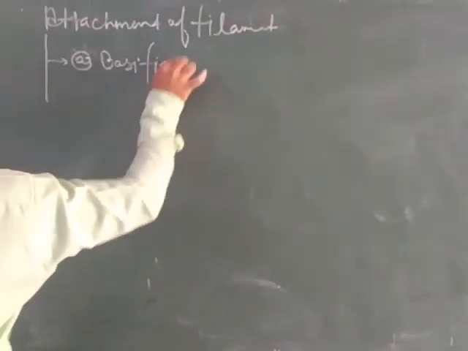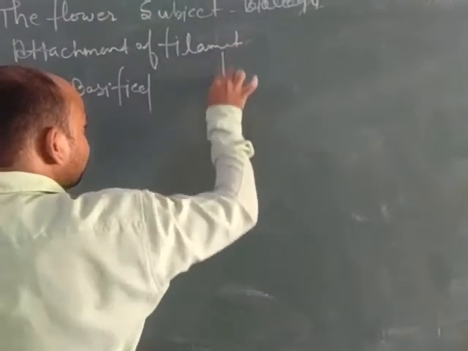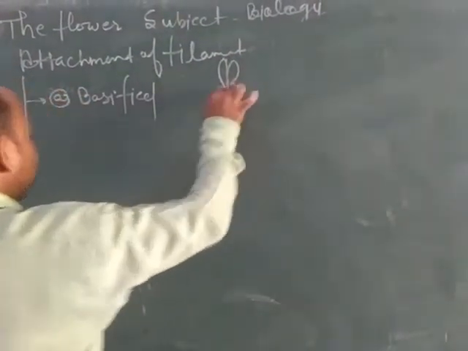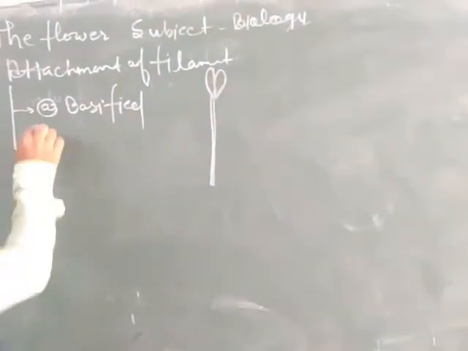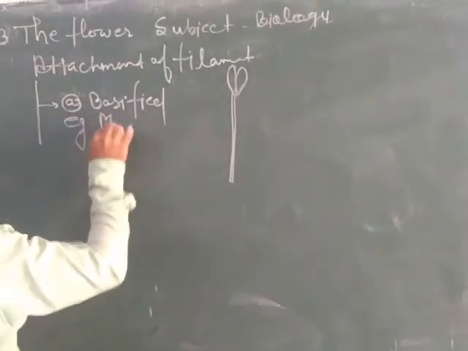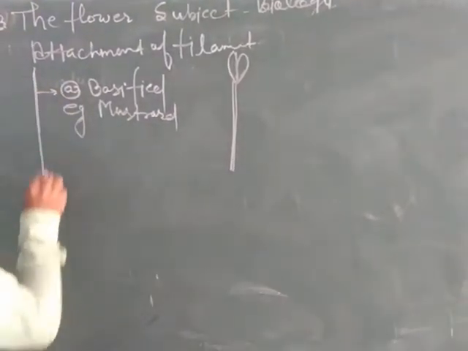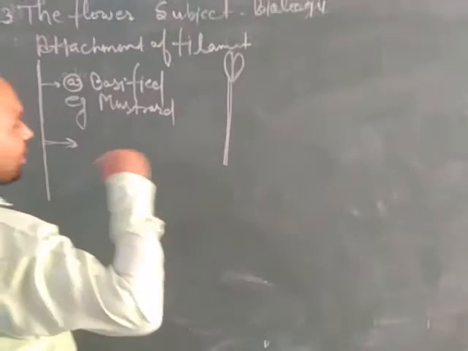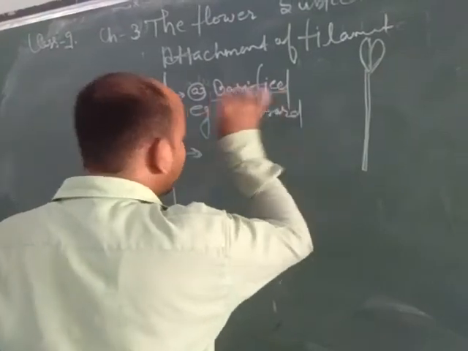First is the basifixed type of attachment, in which the anther is attached from the base of the anther. An example of basifixed attachment is the mustard flower. In the mustard flower, the filaments of the stamens are attached in a basifixed manner.